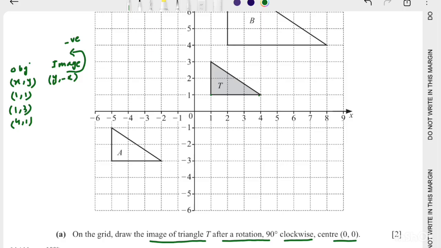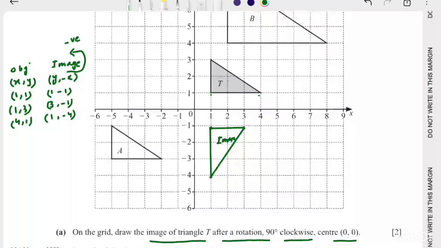So it will be 1, minus 1, 3, minus 1, and 1, minus 4. So we have to plot them now. So 1, minus 1 would be here, and 3, minus 1 would be here, and 1, minus 4 would be here. So join them. So this is the image.